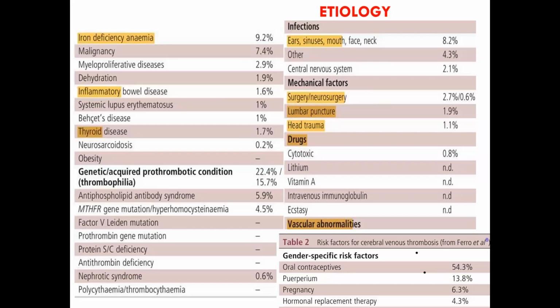Can anybody explain why it causes this? Any clue? Can anybody comment? Have you seen any patient who presented with cortical vein thrombosis having severe iron deficiency anemia? Abhishek. I asked the question in the morning.